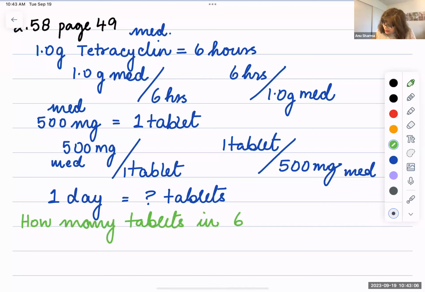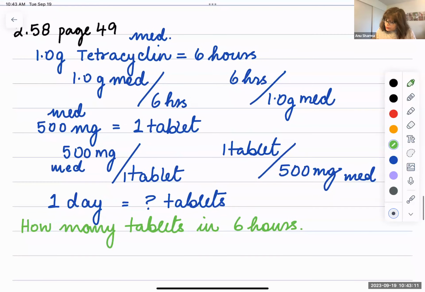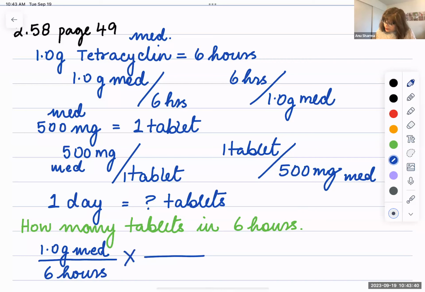We have 1 gram of medication per 6 hours.